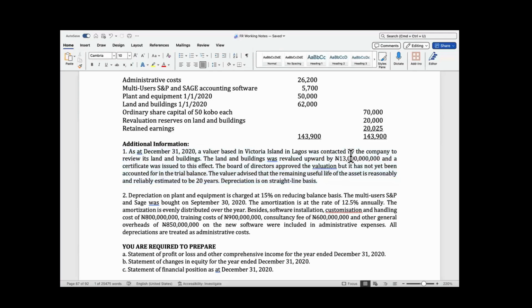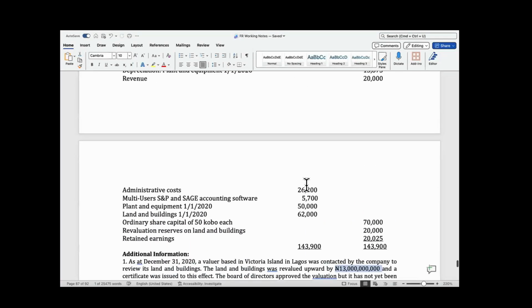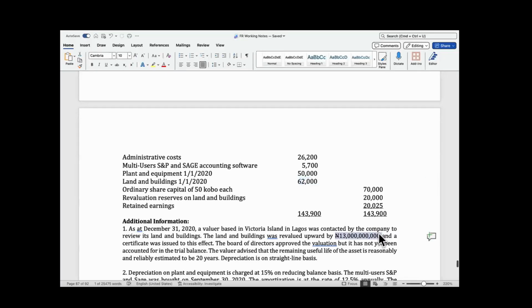So there was a valuation surplus on the land and building, and from the trial balance given as at the end of 2020, the land and building cost is 62,000. So the cost is going to go up from 62. You just need to add this 13 to get the new value of the land and building.